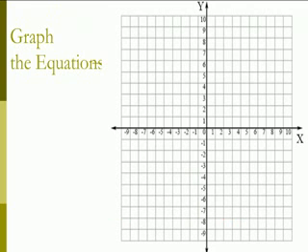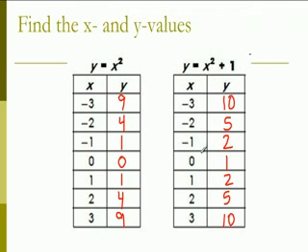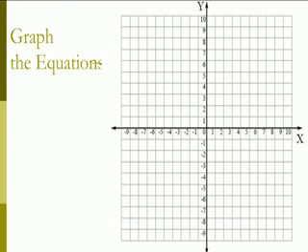Alright, so now we need to graph our equations. So what we need to do is graph negative 3, 9. I'll graph one equation in red and one equation in blue.